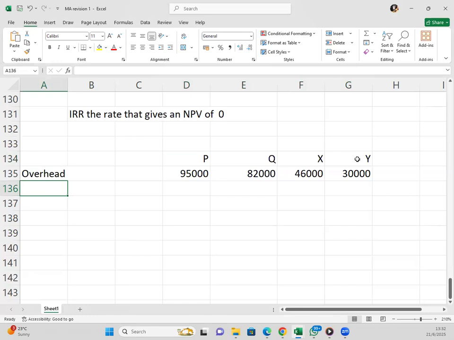Secondary apportionment is what we are doing here, where we reapportion the service departments to the production departments. So we need a base for apportionment. The first service department we can apportion is department Y.